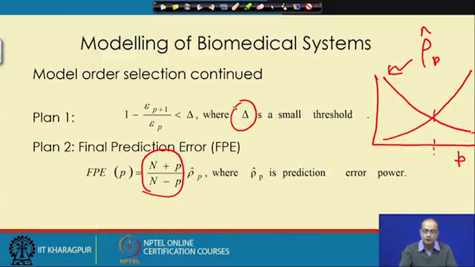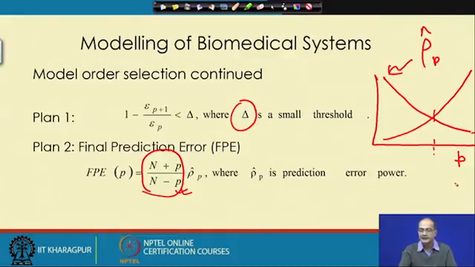So, what we should do is add some penalty for the increase of the model order. For that we have taken the correction term here, which increases with the model order, so that as p increases, the penalty also increases, and we stop at some point when the two curves cross each other, which restricts overfitting.